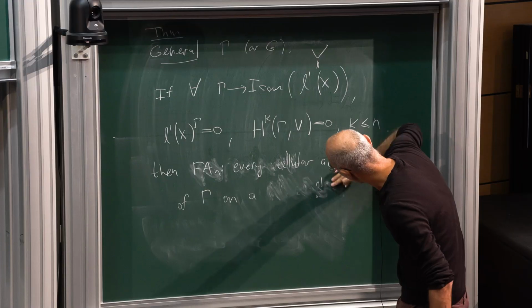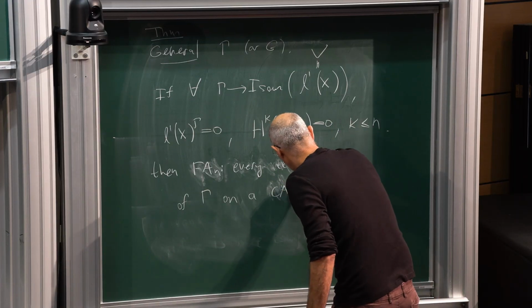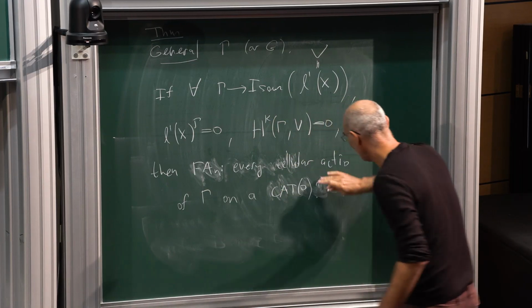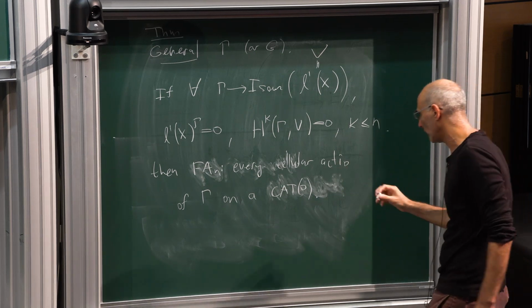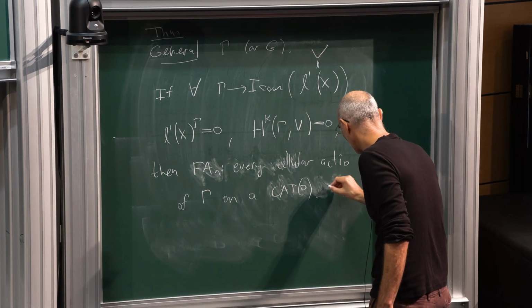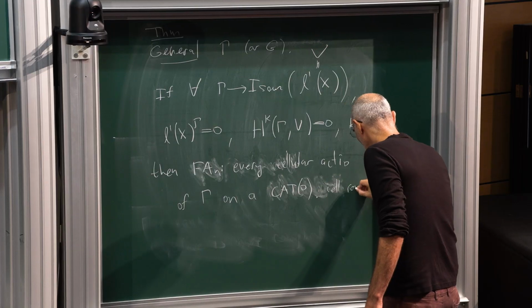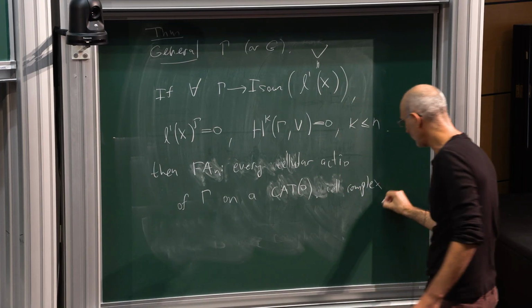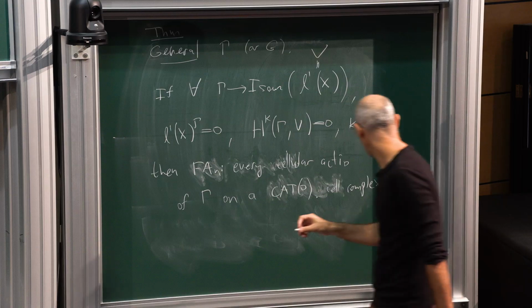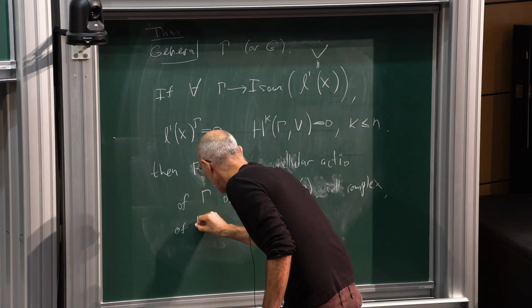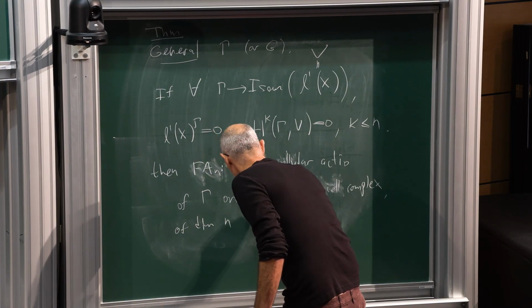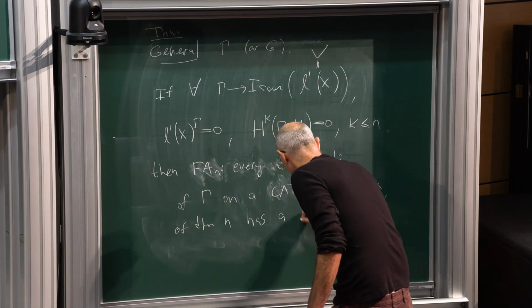So adjectives. He used the term CAT(0). I hope you know what it is. I'll make a little correction in a minute. On a CAT(0) cell complex. So this includes trees, in dimension 1, of dimension n, has a fixed point.